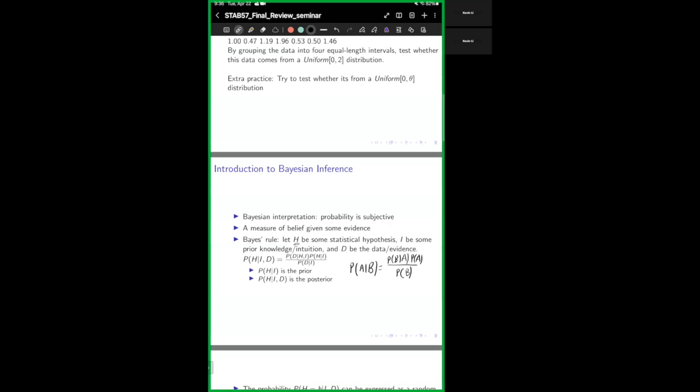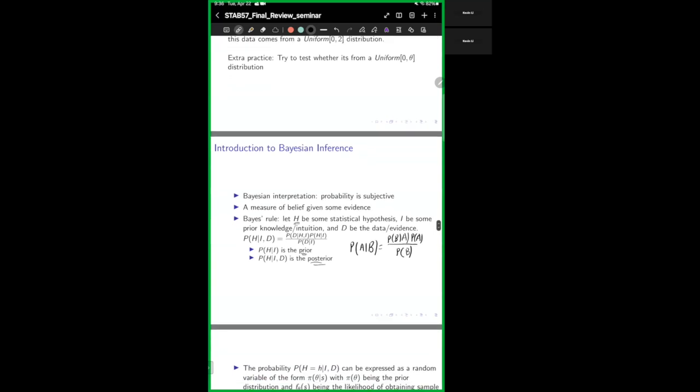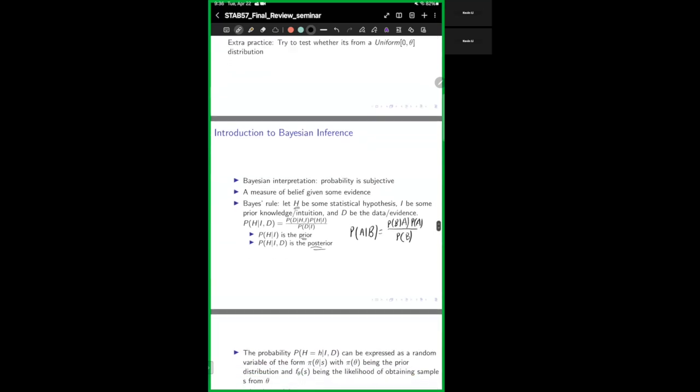So the probability of H given I will be considered the prior, and the probability of H given I and our new data is the posterior. This translates quite well from what we know as the Bayes rule.